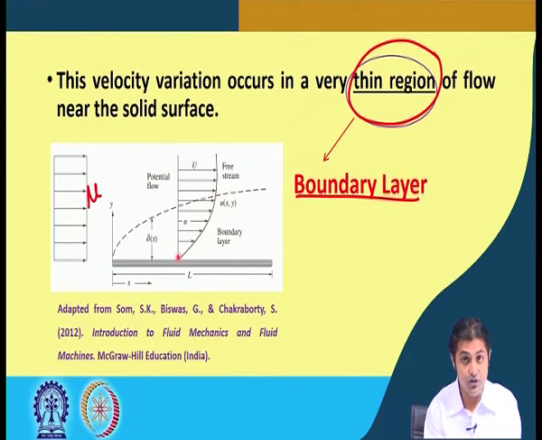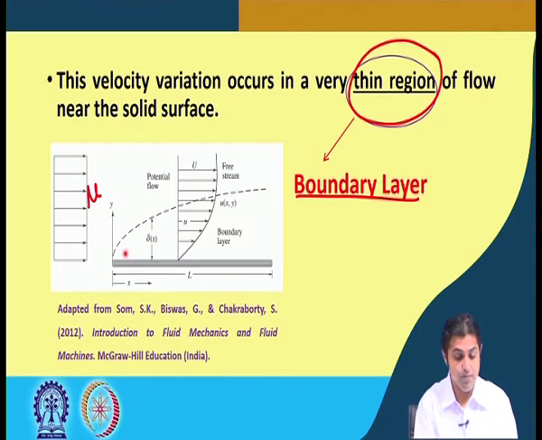It goes from 0 at this point to u at this point, and this is where the velocity gradient is going to exist. I am not saying du dy is going to be constant, but there exists a non-zero velocity gradient, and this thickness we are going to talk about later. This is the boundary layer thickness at any distance.